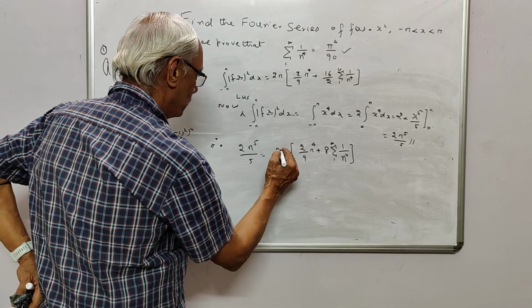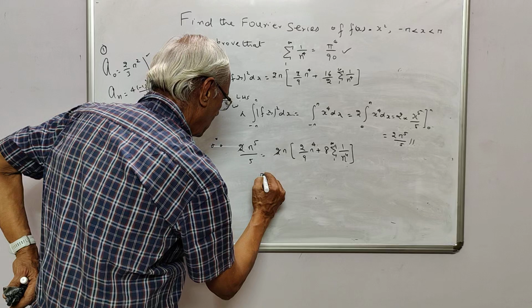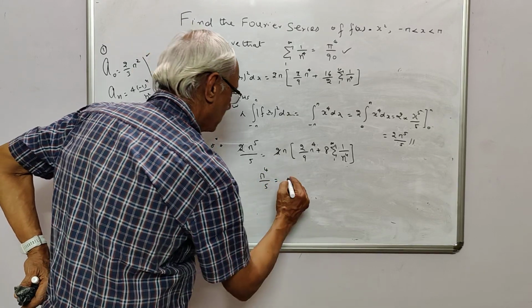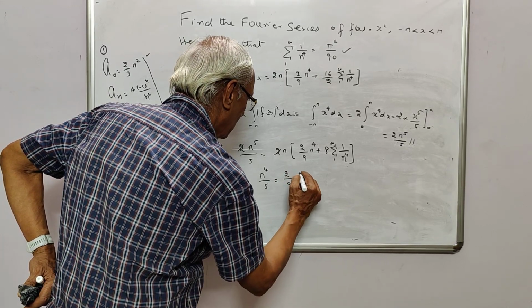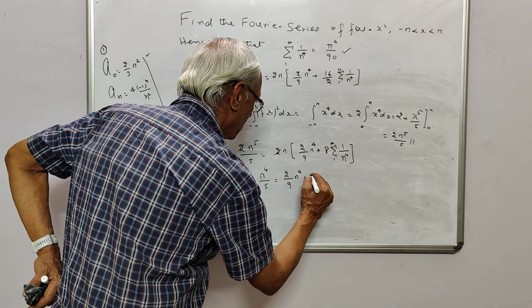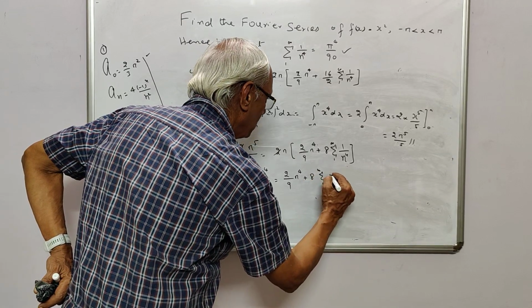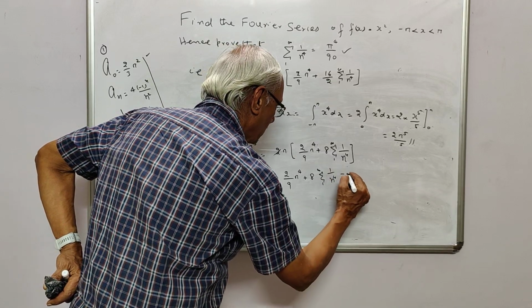Now you see that this 2 and 2 will go off, so you are left with π⁴/5 and 2/9 π⁴ plus 8 times the sum from 1 to infinity of 1 by n to the power of 4.